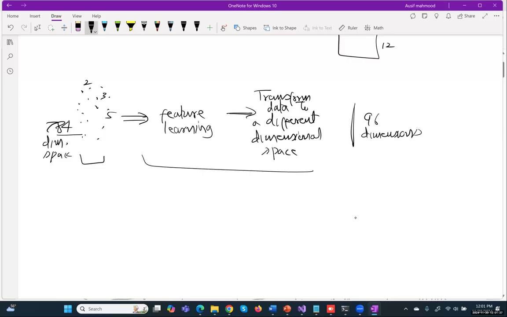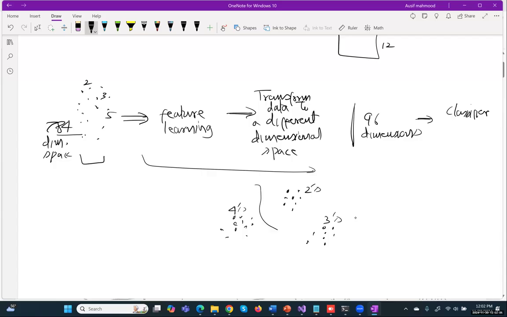And along this process, the idea is it will cluster all the 2s together. It will separate out the 3s from the 2s, and all the 4s will be over here, so that as we feed it to a classifier, the job of the classifier, remember, is to learn a hyperplane that separates these.